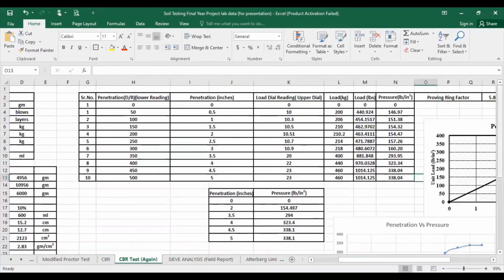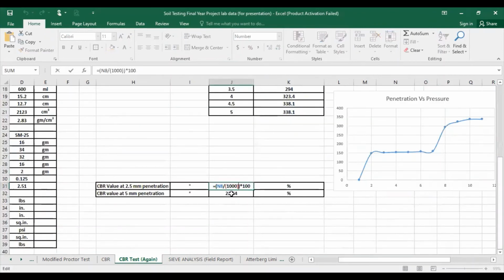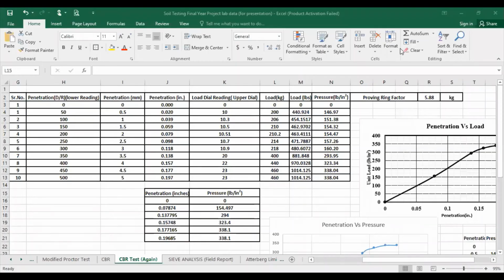You will put the values here, and whatever value you get, these are the values coming out to be. Now how can you select the CBR value, or which value is correct, and whether your reading is coming out to be correct or not? So let me share another screen with you, and it will make it more clear to all of you.